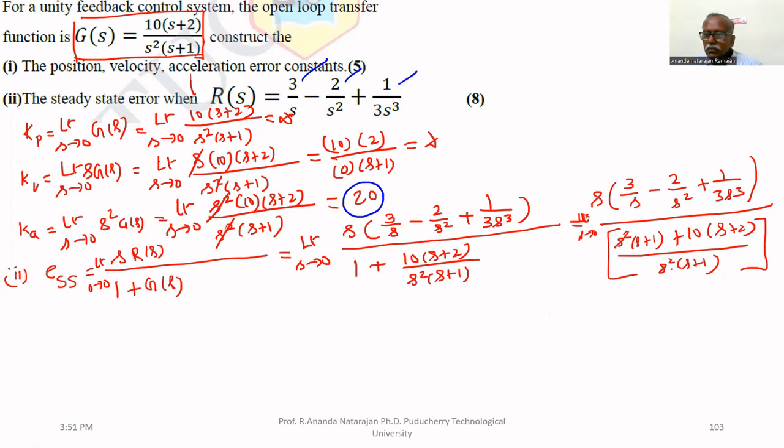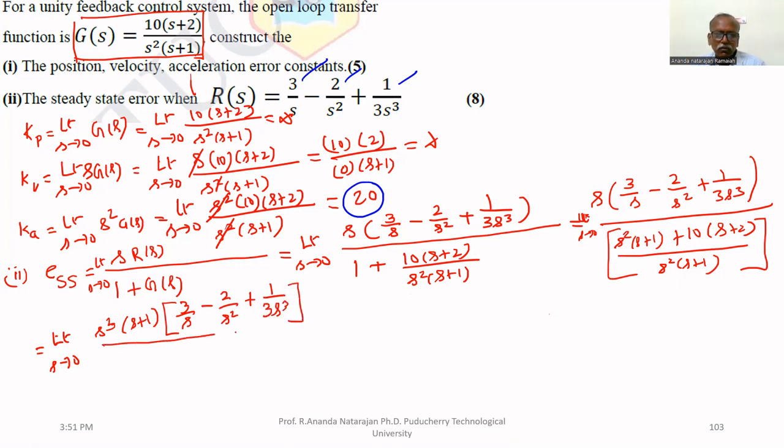We bring this S square and S plus 1 here, and what you will get is limit S tends to 0, S cube multiplied by S plus 1, multiplied by 3 by S minus 2 by S square plus 1 by 3S cube, all divided by S square into S plus 1 plus 10 multiplied by S plus 2.